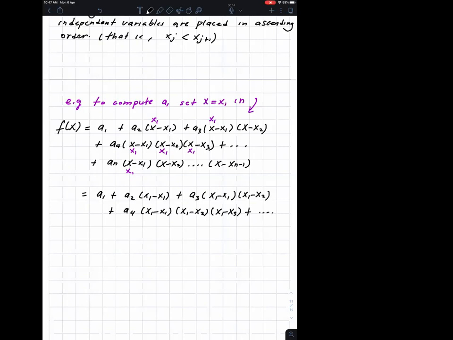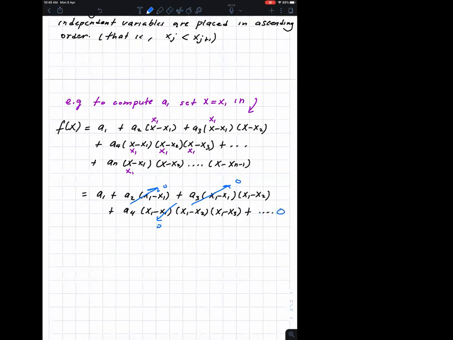But you don't have to go very far because you can see x1 minus x1 is 0, right? Similarly here also x1 minus x1 is 0. So all other terms are going to have x1 minus x1. So all those terms after the A1 are going to go to 0.